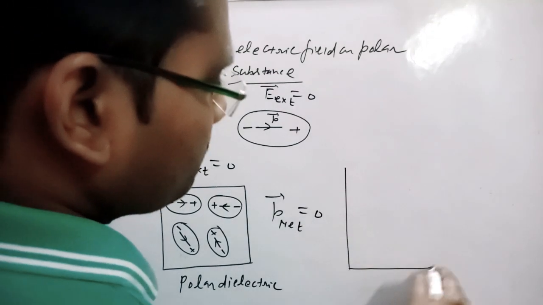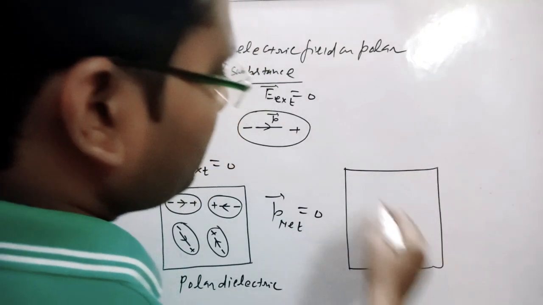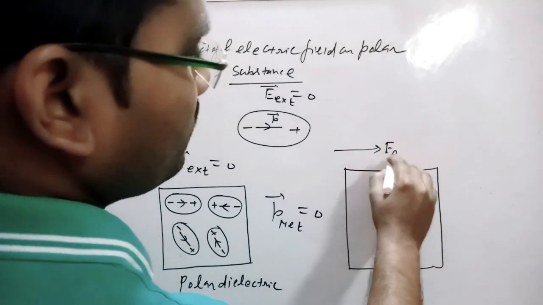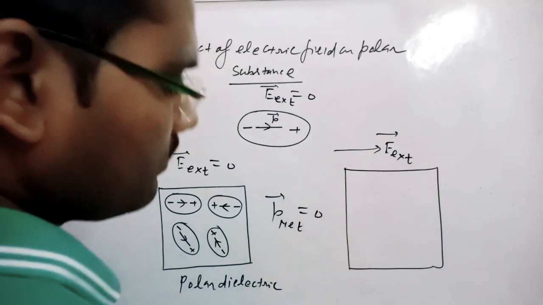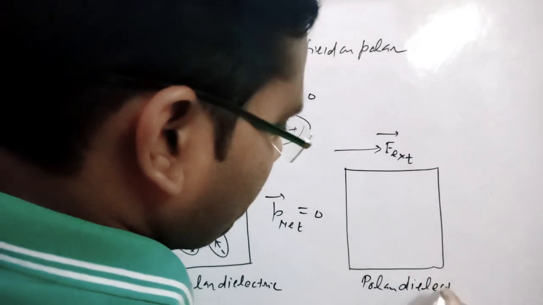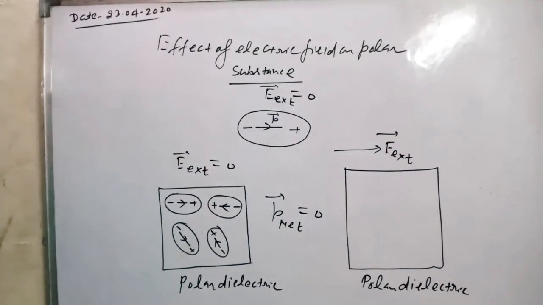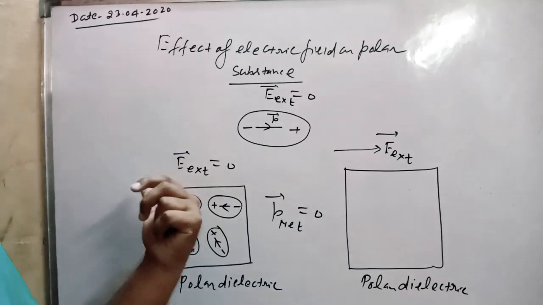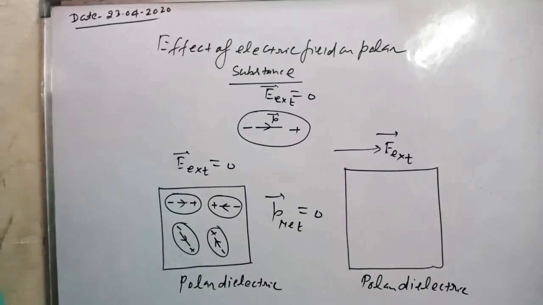When a polar dielectric is placed in an external field, this is the direction of the external field. What happens here? All negative charges experience a force opposite to the field and all positive charges experience a force in the direction of the field.